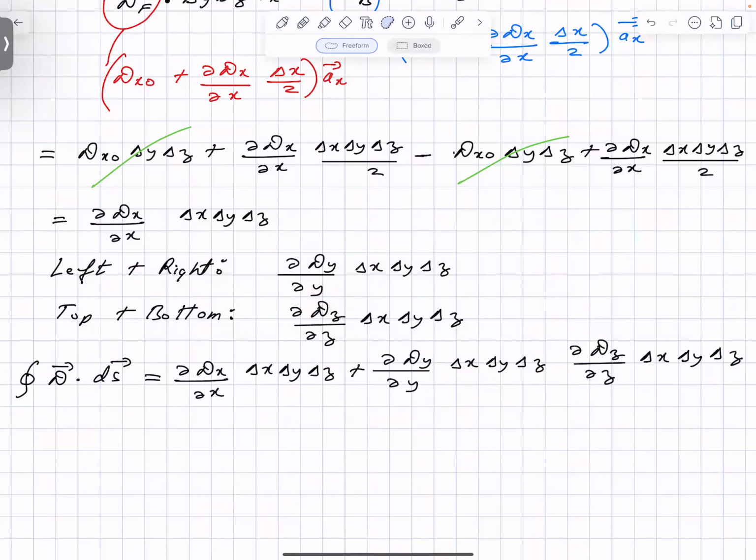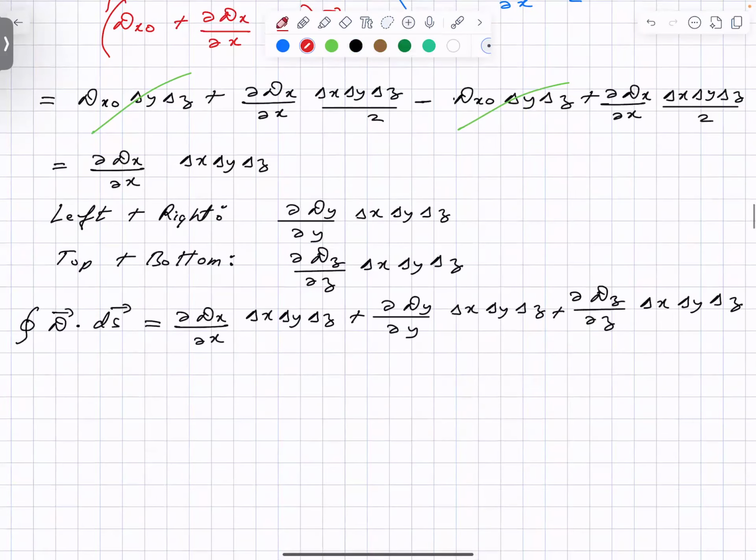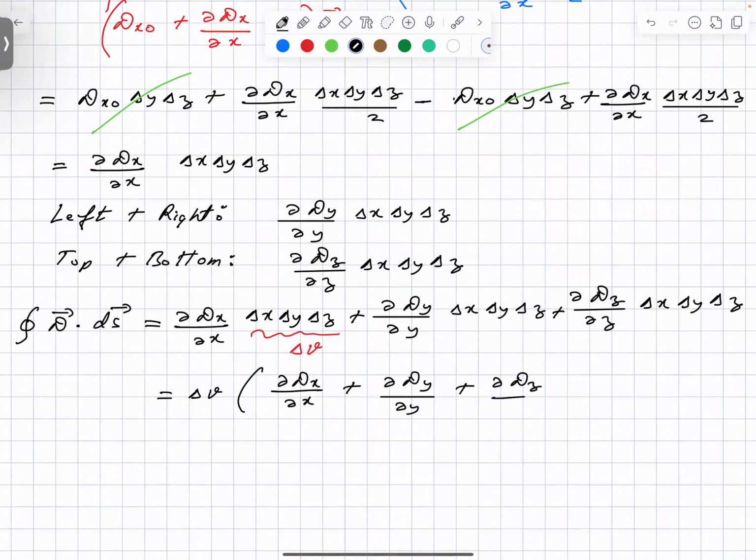And in all these components, we have delta x, delta y, delta z common, right? Also this we can write as delta v, the differential volume. So we factor out that delta v, and what remains is the derivative of Dx with respect to x plus the derivative of Dy with respect to y, and finally the derivative of Dz with respect to z.